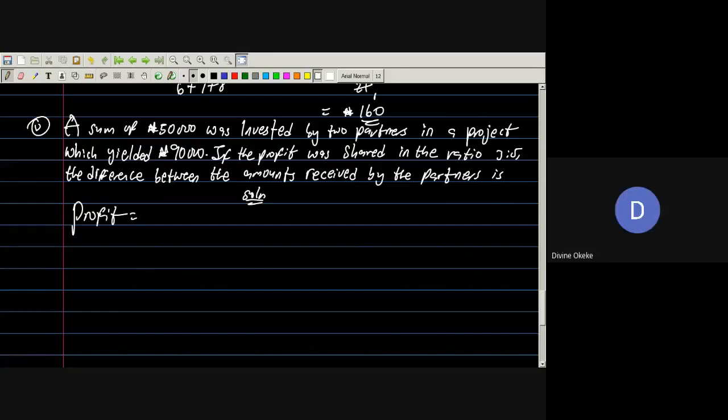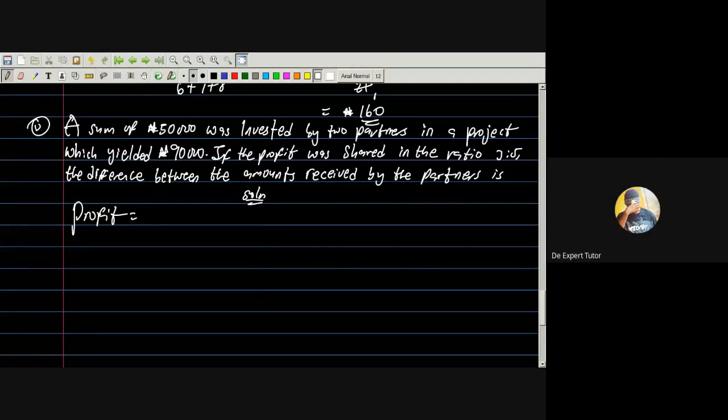Olumide. 40K. Wait, I'm calling the name. Olumide, tell us. There's a particular guy I heard his voice one time. Adebanjo Olumide, is he here? I will call any name at random to verify that in this class. Olumide Adebanjo, are you here?